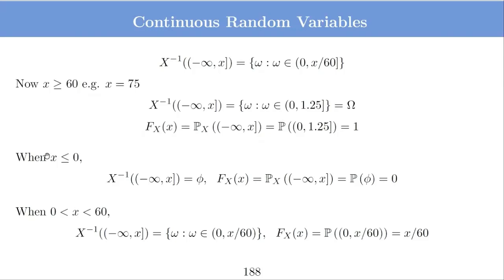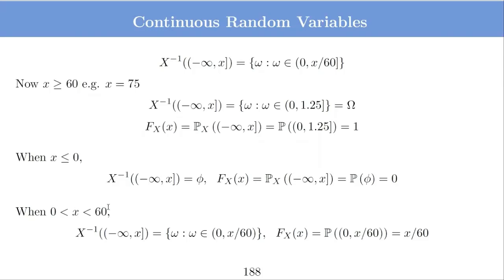And when x is less than 0, the probability of (minus infinity, x] is 0, because the set does not contain 0 or any number after 0, so there will not be any omega which maps to this. Omega maps to a positive number only, so omega cannot map to a set which only has negative numbers. So the probability would be 0.